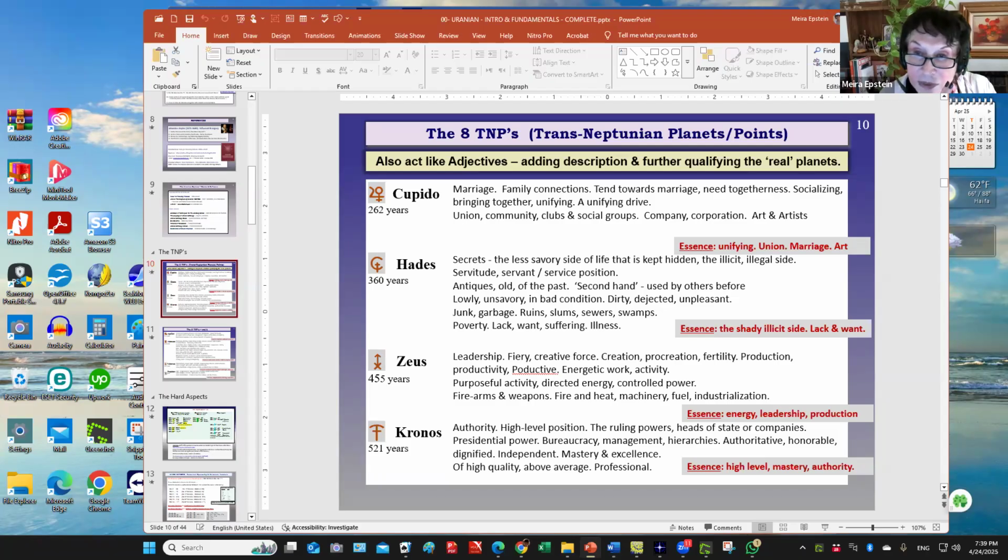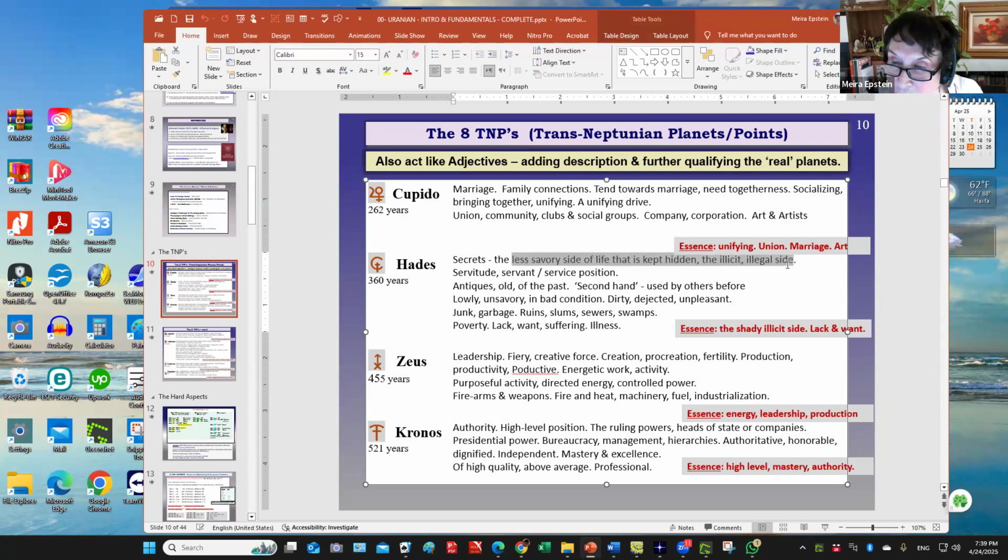So I'm reading secrets, the less savory side of life that is kept hidden, the illicit, the illegal side. Super significant. Actually, Hades is the only one of these eight that has some kind of negativity, a very intriguing one.